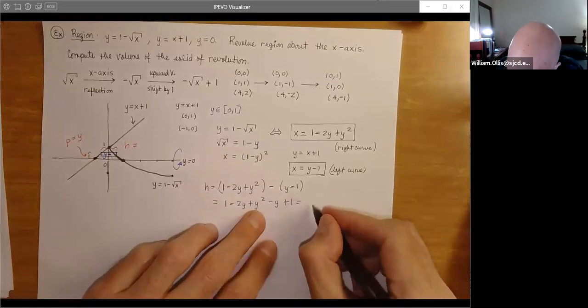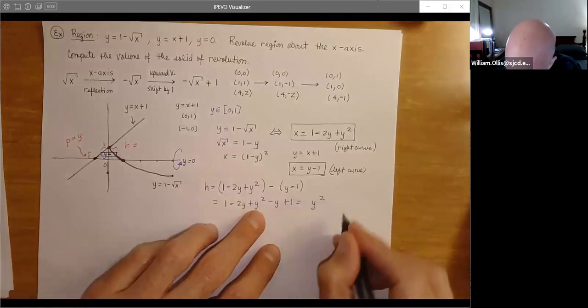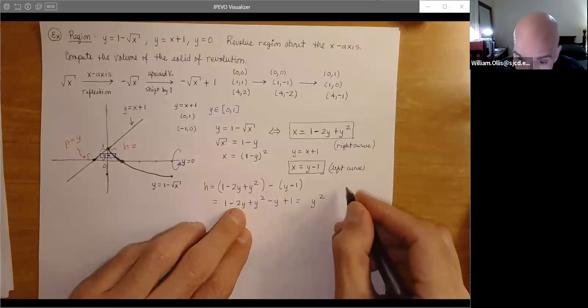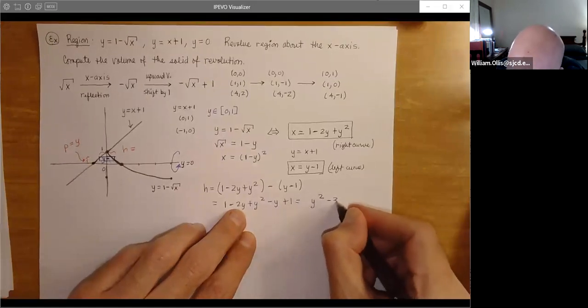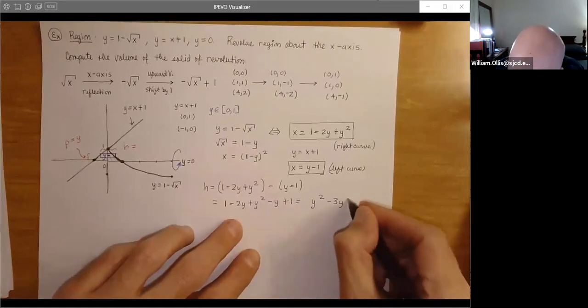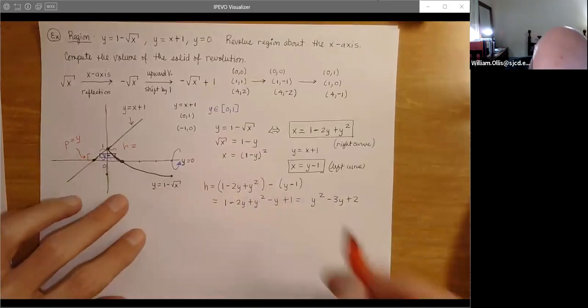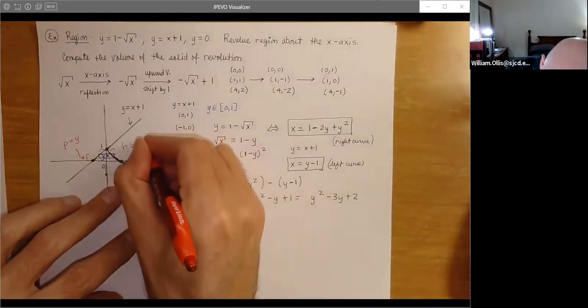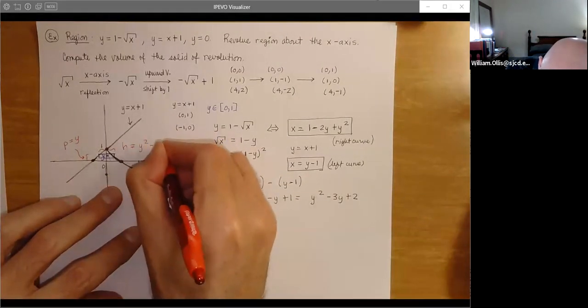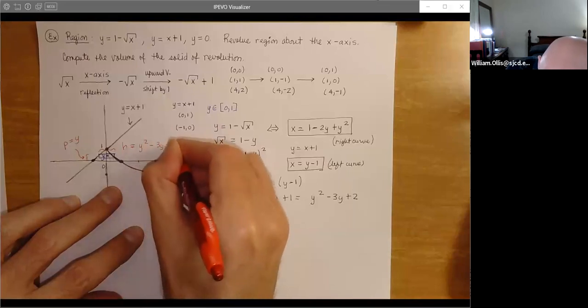So now we'll get y squared. Okay, negative y plus a negative 2y is a minus 3y, and then a 1 plus a 1 plus a 2. Now, when you look at this, I can go over here and just fill this in. Y squared minus 3y plus a 2.